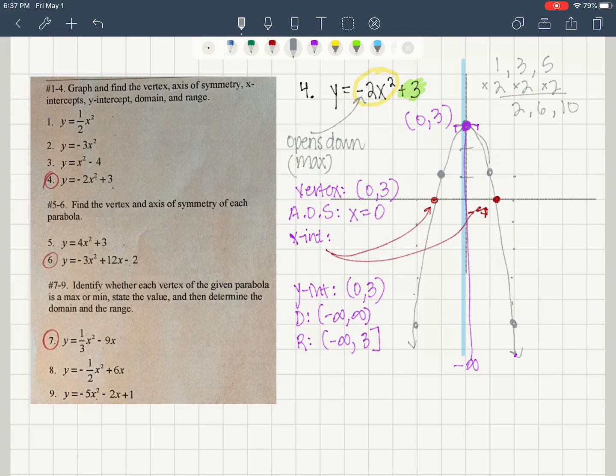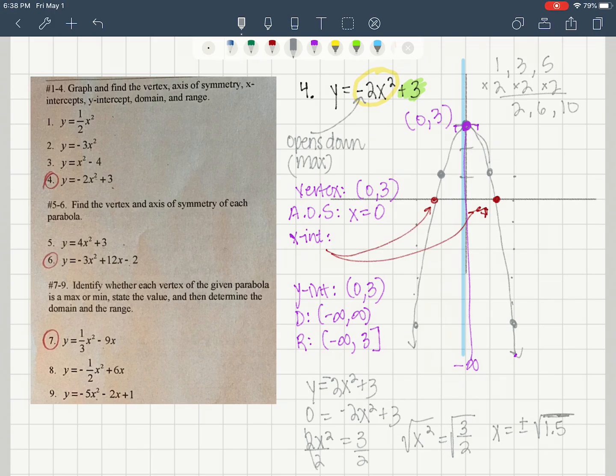Okay, so let's work on those x-intercepts. The x-intercepts are the solutions. They're the value of x when y is 0. So I'm going to put a 0 in for y and solve. I'll add 2x squared to both sides. I have x squared equals 3 over 2. I'm going to square root both sides, and I get x equals plus or minus the square root of 1.5.